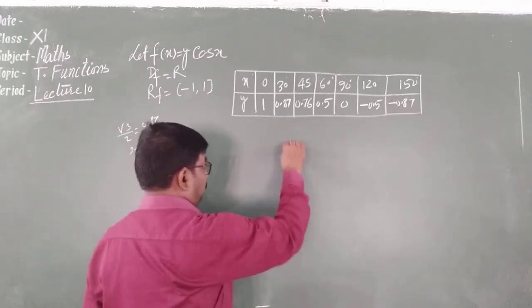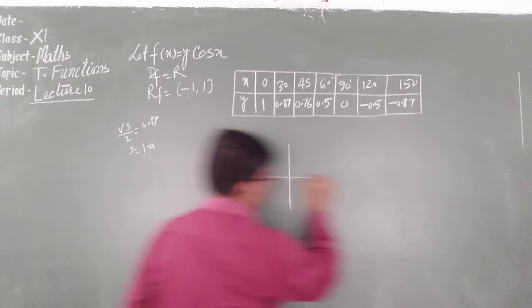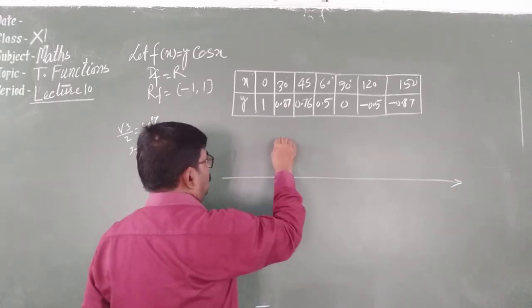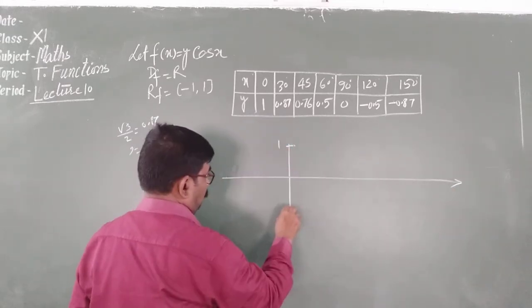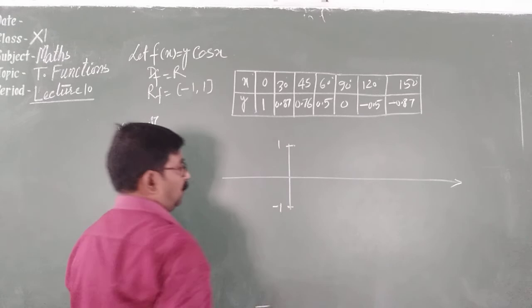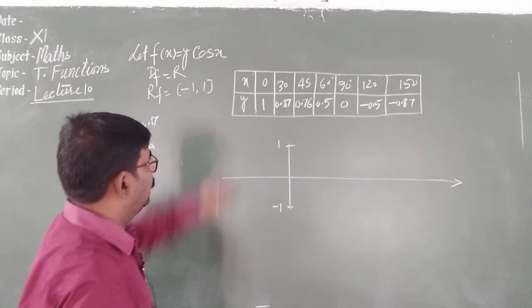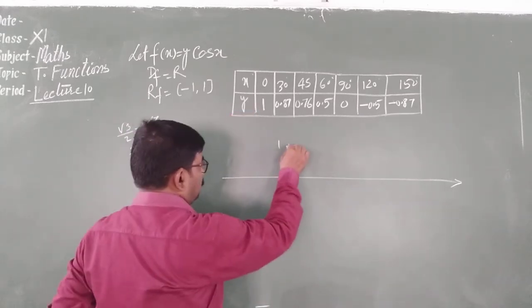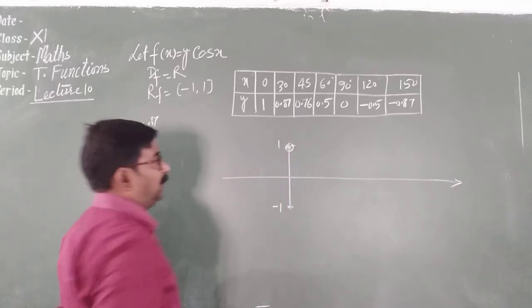Let's plot the graph. Its range is 1 to -1. Try to understand. First we take x is equal to 0, then its value is 1 here.